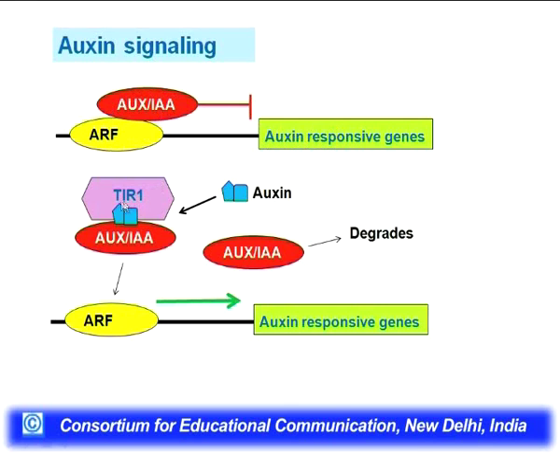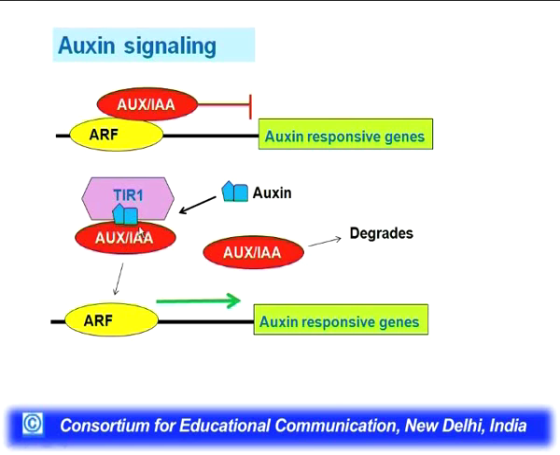And TIR1 is the receptor of auxin. This receptor of auxin actually is a co-receptor with AUX/IAA. This AUX/IAA is a repressor and also co-receptor of the auxin.